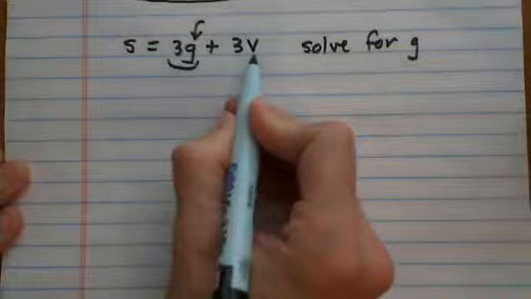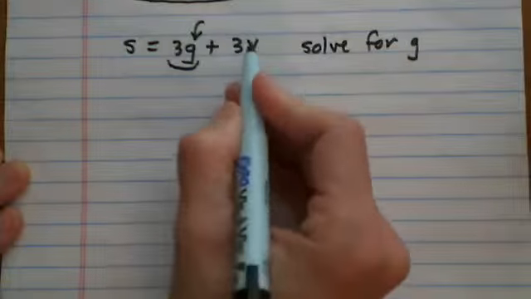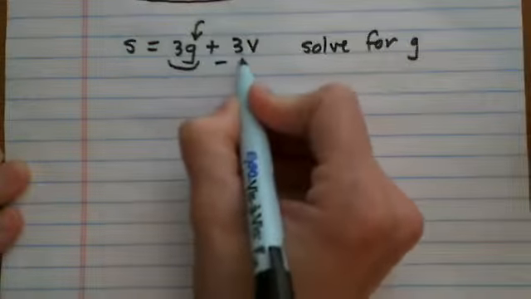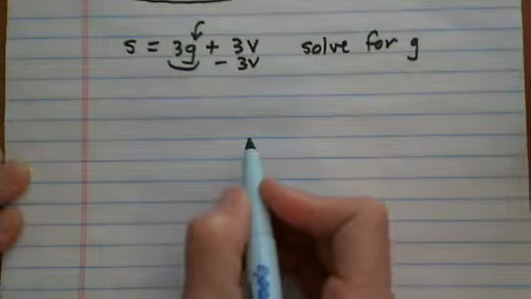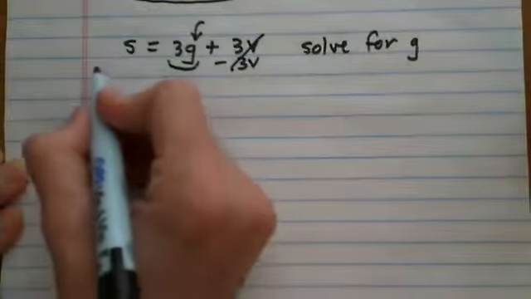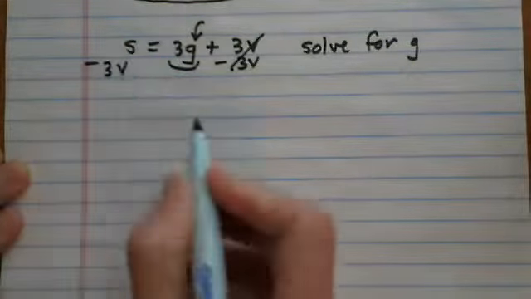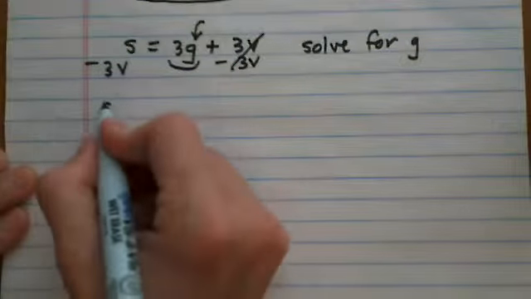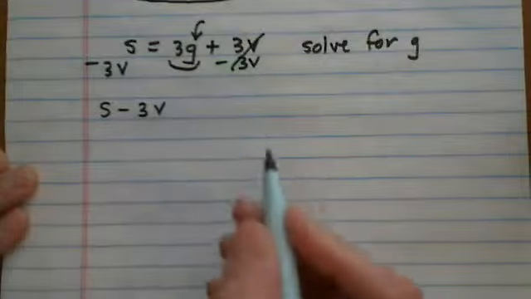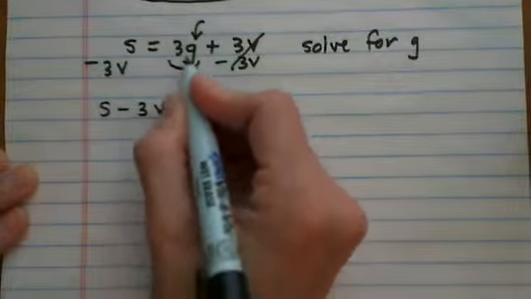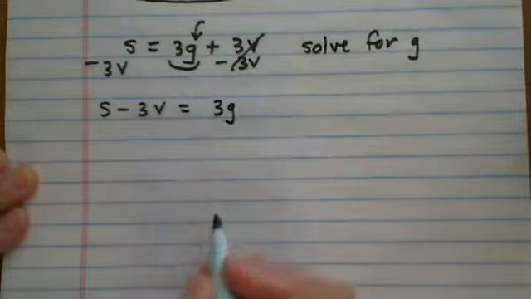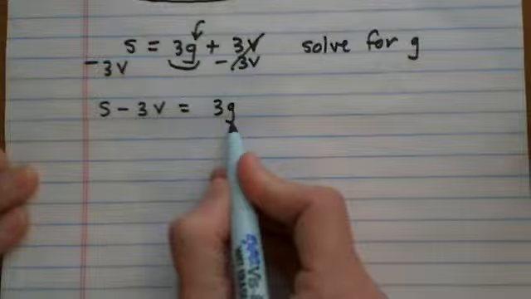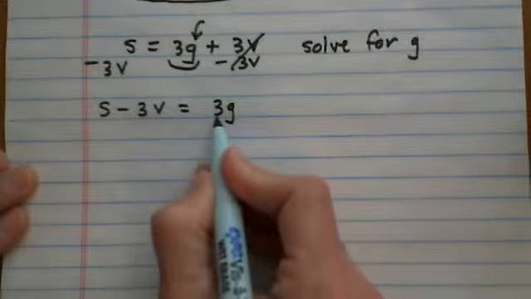That means I want to get rid of this term here, plus 3v. If it's being added to the term I'm looking for, I subtract it off, get it to combine to 0. So it cancels out. I'm going to subtract 3v over here. And with the s minus 3v, there's nothing I can do to that. So I just write s minus 3v equals, bring down the term 3g, and again we're looking for g, so now we have a 3 being multiplied to it.